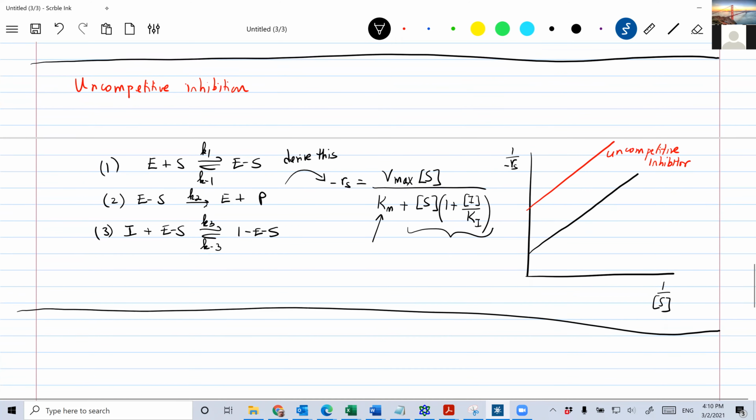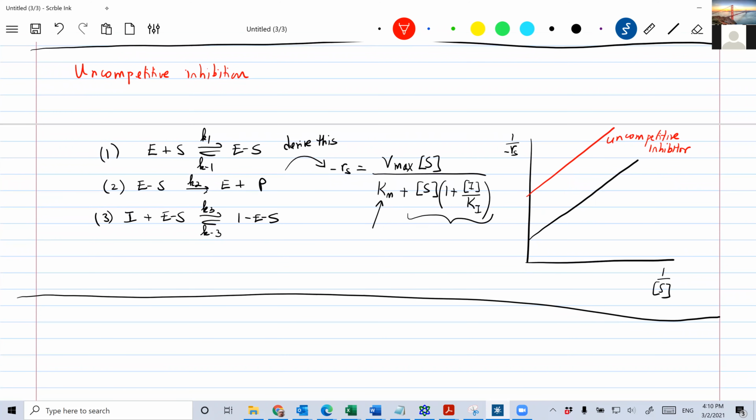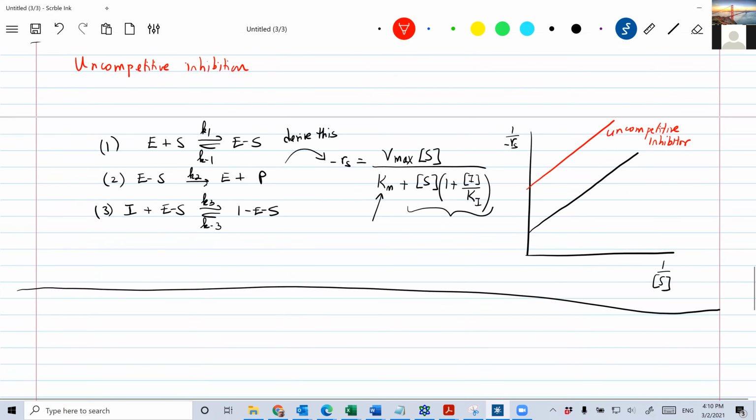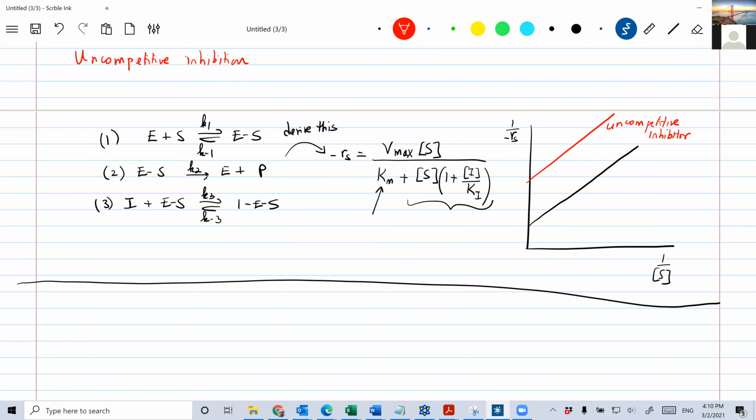Now, a third type of inhibition. I'm going through this quickly, otherwise it would be to derive these forms, but it's the same process. The third type of inhibition is called non-competitive. To be honest, I never quite understood why it is called non-competitive. It's a strange way to say it.